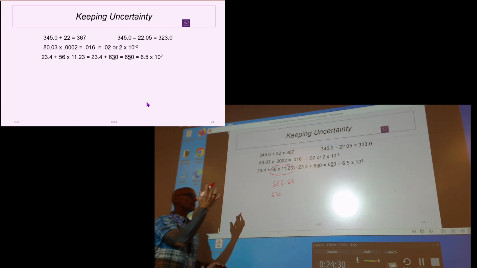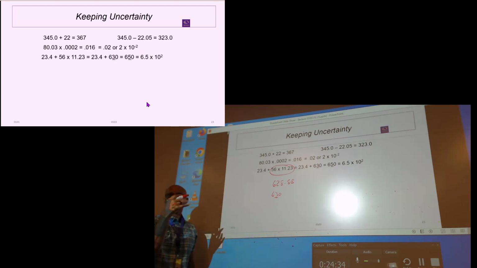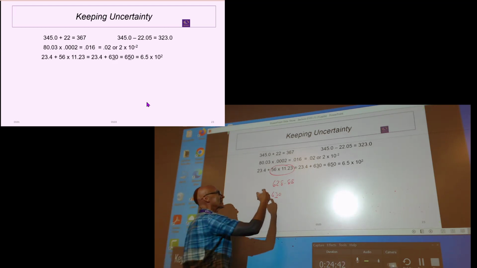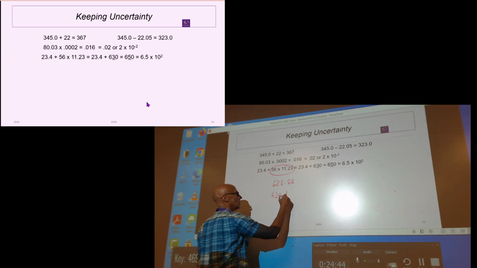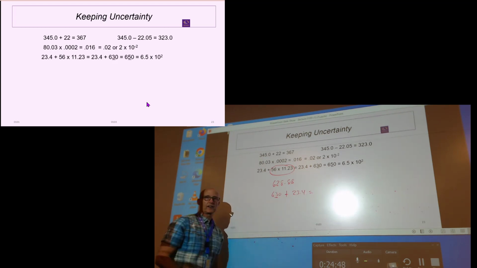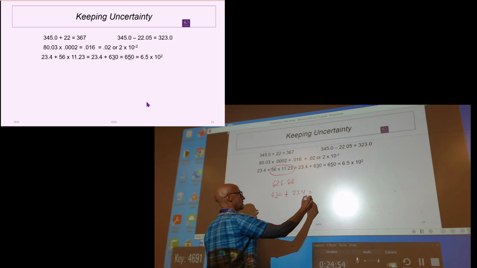And then I just make a note to myself, that's where I'm using this in the calculation. I'm basically saying, oh, that's only 2 significant figures. But now I take that number and I add it, because that's the next thing I do. And what would that be on your calculator? 630 plus 23.4. 664. Oh, no, 660.